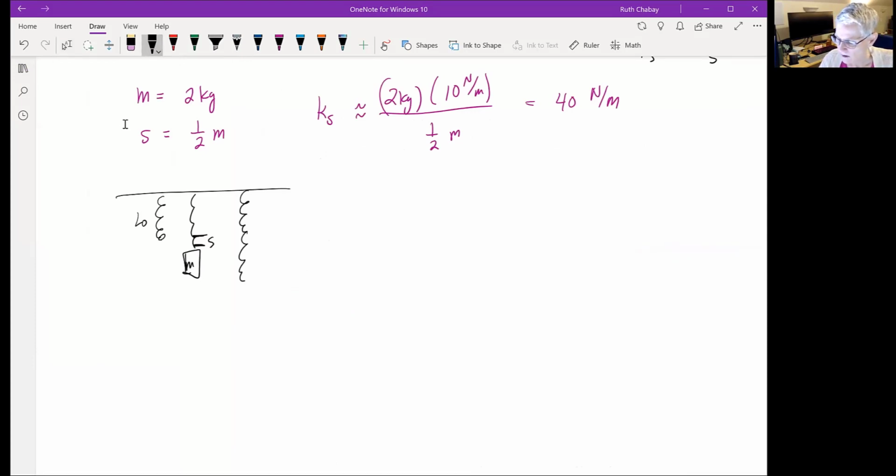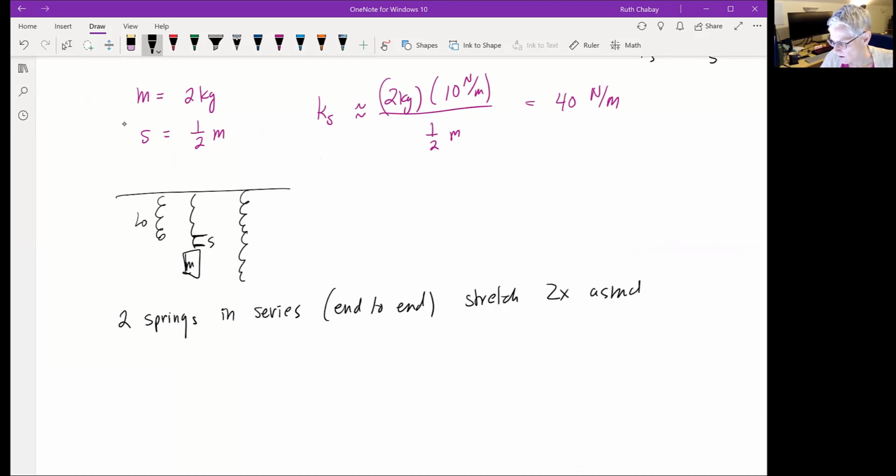So 2 springs in series end to end stretch twice as much for the same mass.